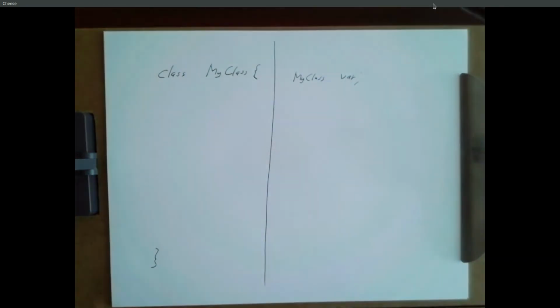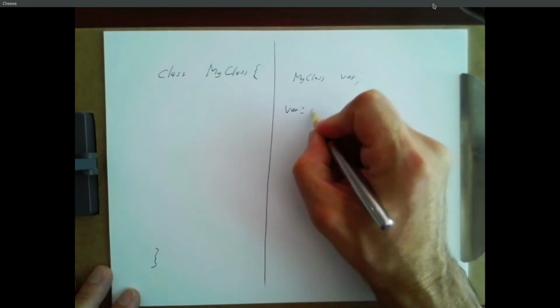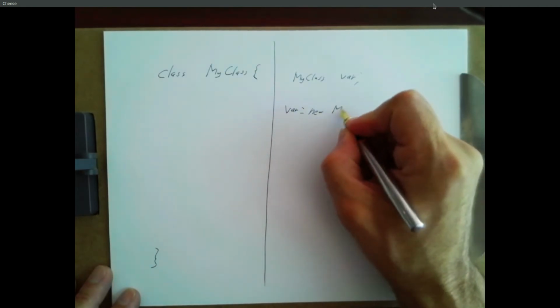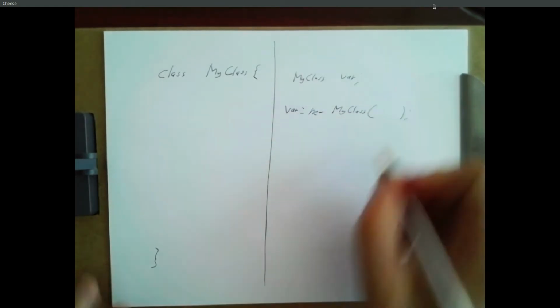So before you can actually use this variable, you have to construct an object of type MyClass. So var equals new, and then you call the constructor, which has the same name as the class and takes zero or more arguments.